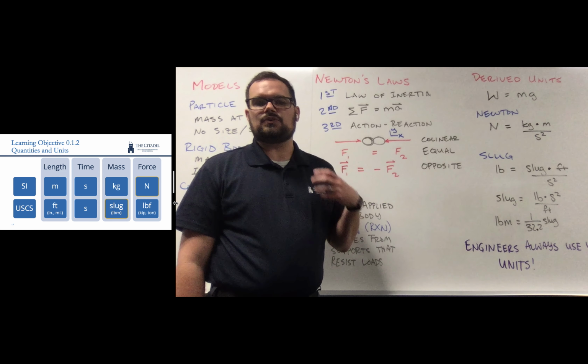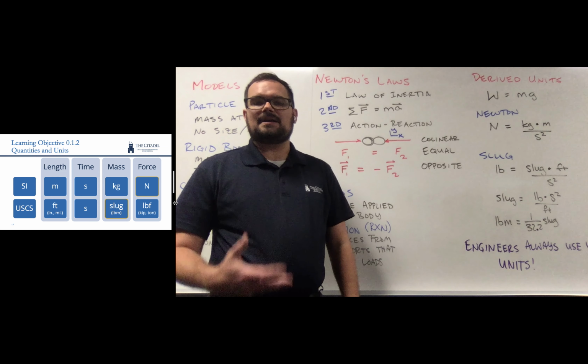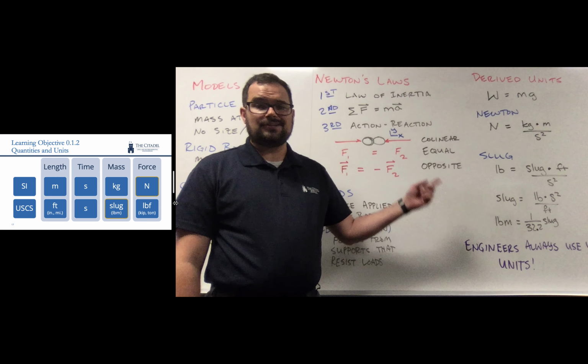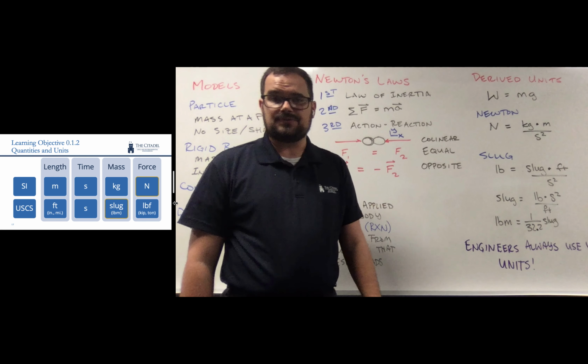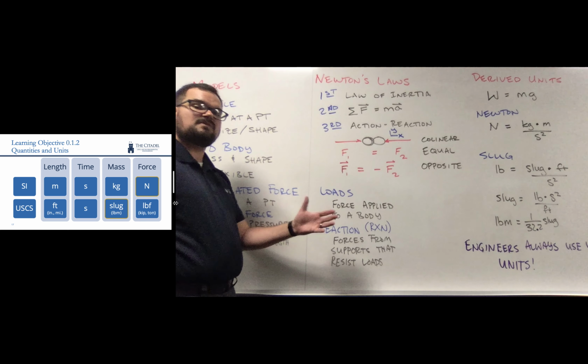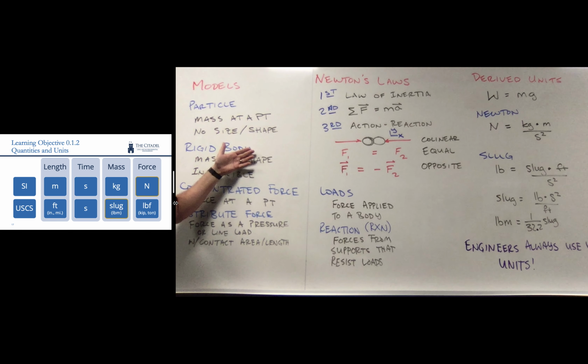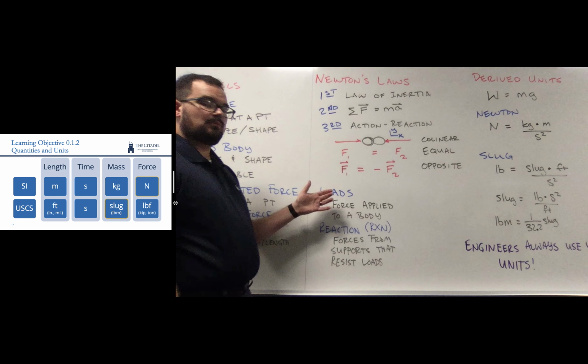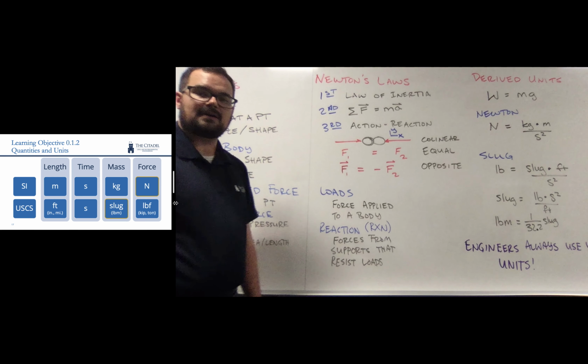So hopefully now you know how big a Newton is, you know how big a pound is, and you know what a slug is, even though you never want to use it again. Hopefully now we've covered some of these review pieces. We'll know what we're talking about, particles versus rigid bodies, when we talk about our bodies. We'll know about concentrated forces versus distributed forces and whether they're loads or reactions as we think about our forces.